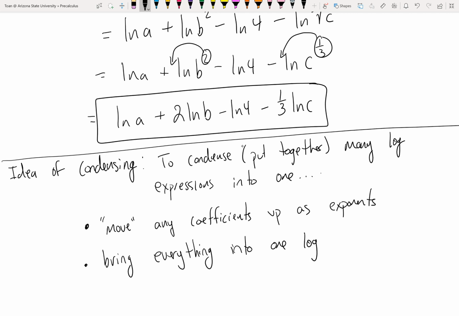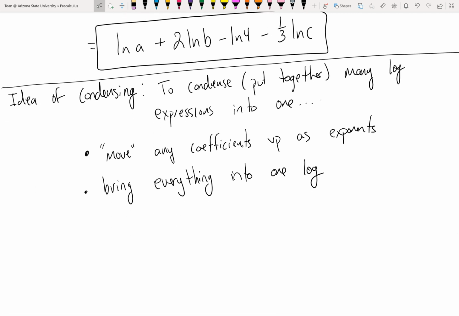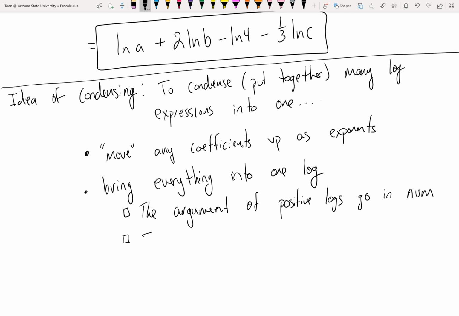Now, how do I know what will be in the numerator and what will be in the denominator? The argument, that's the stuff inside of a log: the argument of positive logs go in the numerator. The argument of negative logs go in the denominator.